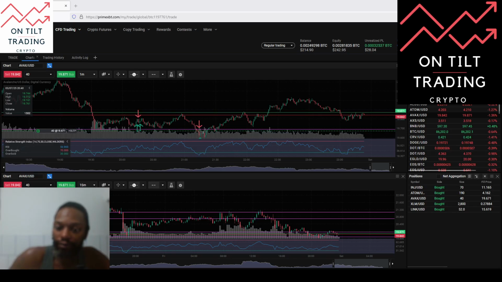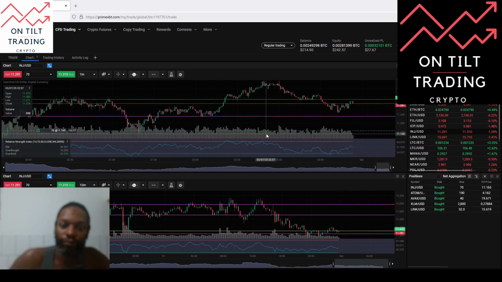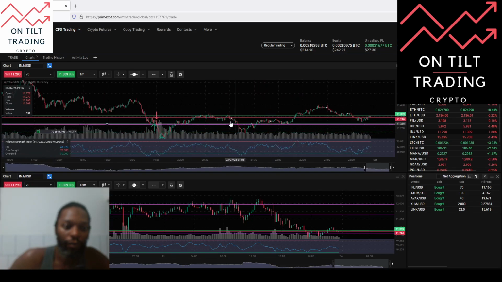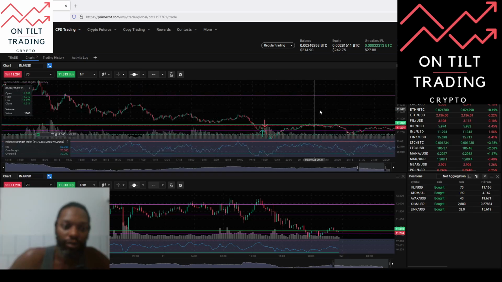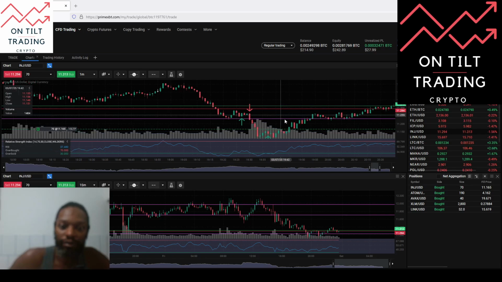Next up, Injective. Took a couple of tries to get into Injective. Oversold conditions, above average volume profile, isolated pivot low.